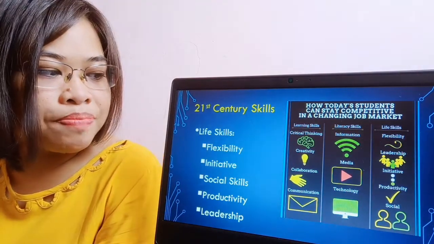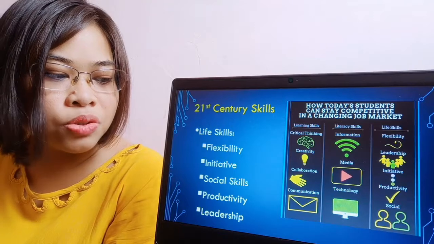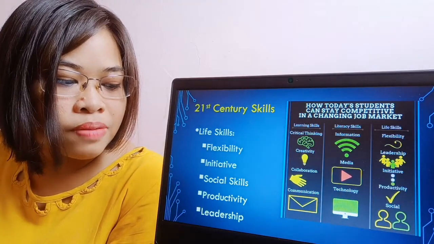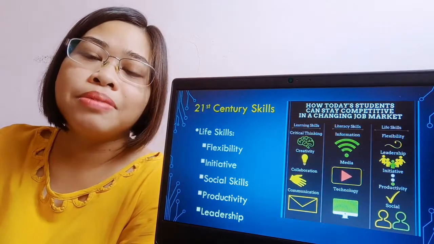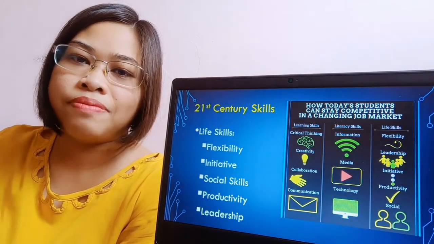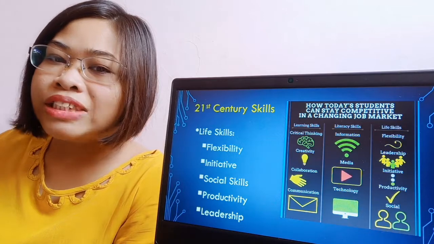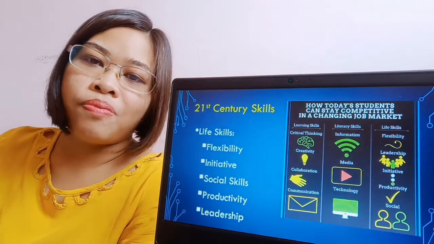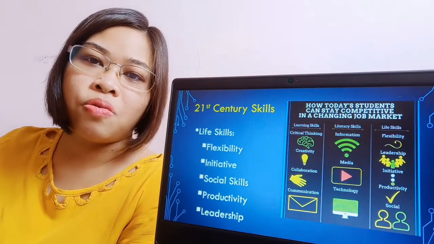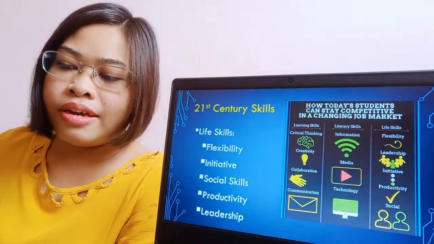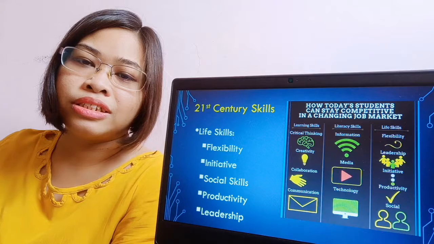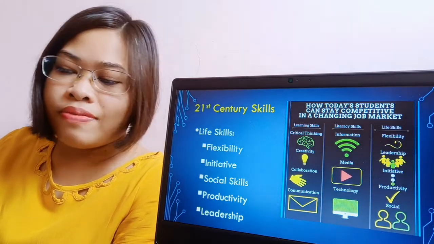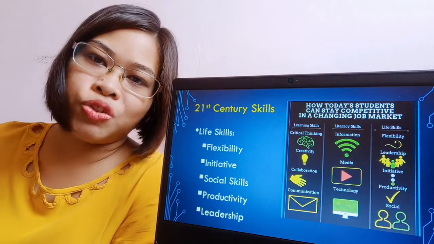Life skills: flexibility, initiative, social skills, productivity, and leadership. These are the intangible elements of the student's everyday life, and this focuses on both personal and professional qualities. Altogether, these categories cover all 21st century skills that contribute to students' future career.